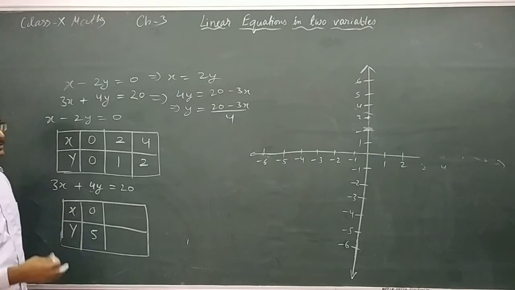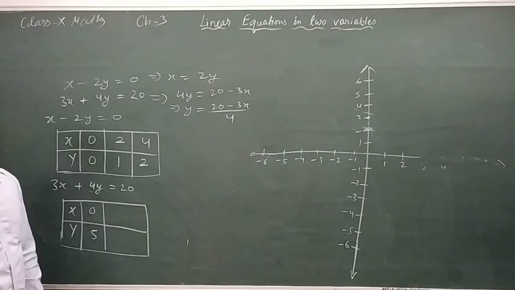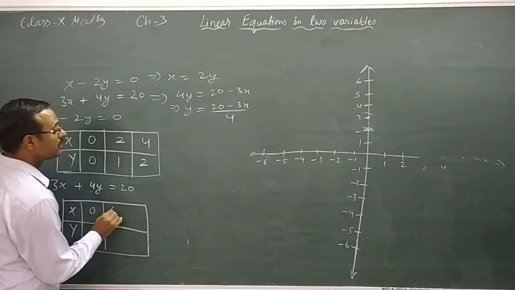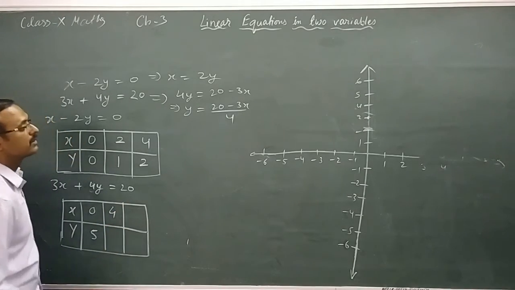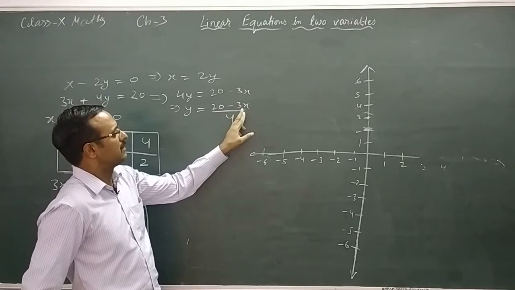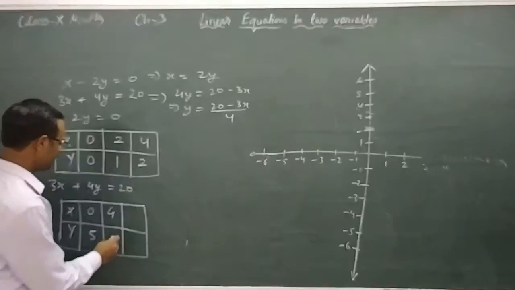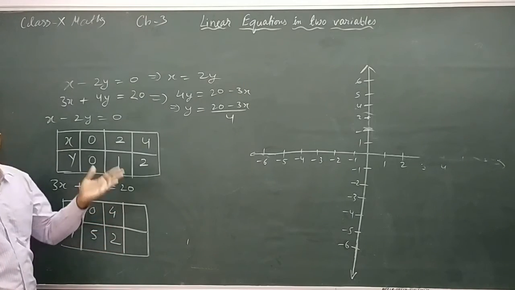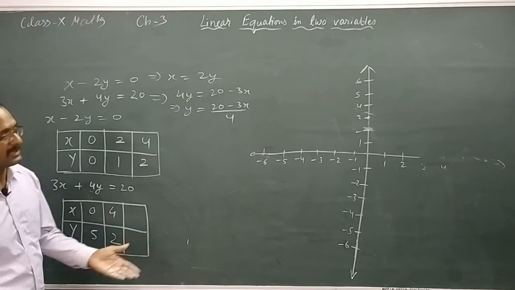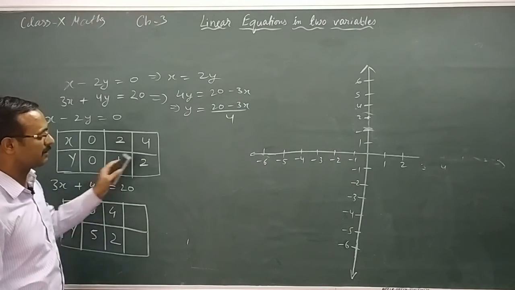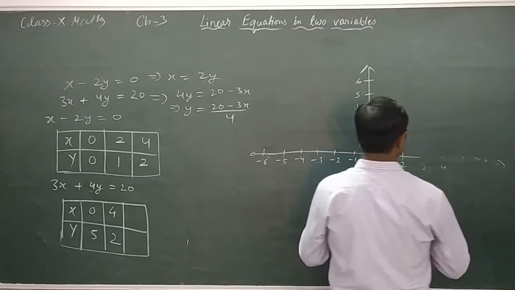Now taking some more values, if you take x equal to 4, see here, 4 times 3 is 12, 20 minus 12 will give you 8, 8 upon 4 is 2. So on obtaining 2 points only, you can plot the line. You can take some more values also. So just try to plot the line from these 2 points.